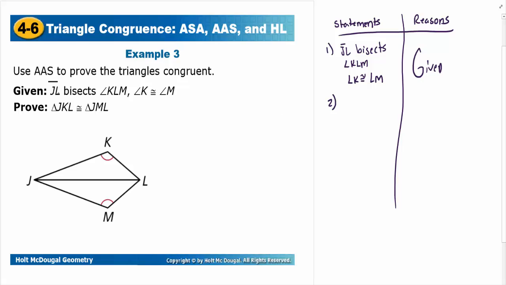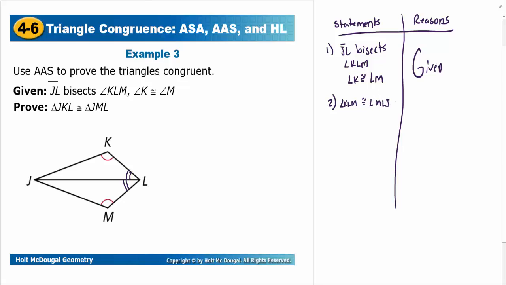Okay, so right off the bat we have that bisects. We've used this many times now, okay? JL bisects angle KLM. So that's telling me that these two angles are congruent right off the bat. So I'm going to say that angle KLM is congruent to angle MLJ.